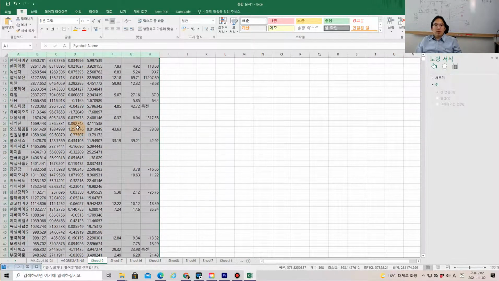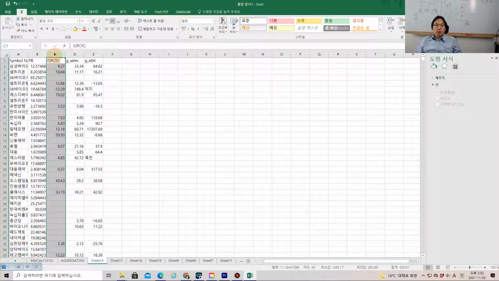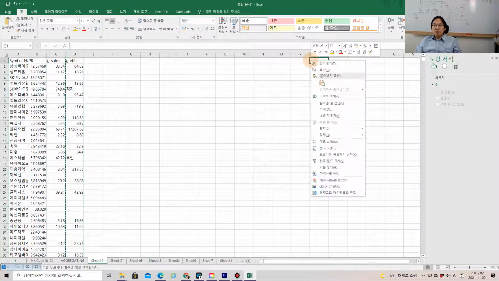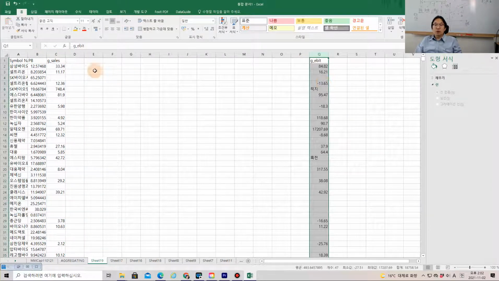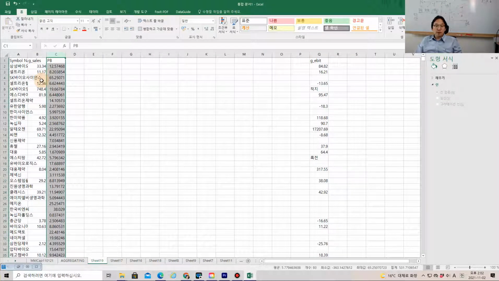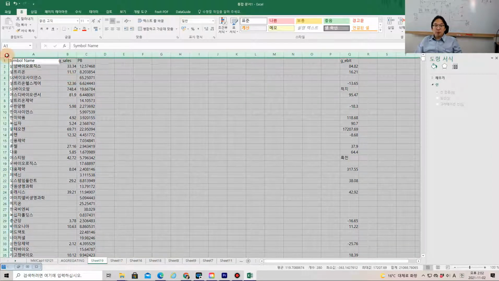Now what? All I need is PB and then growth rates. Okay. Maybe I don't need this one. I will just paste it over here. And then PB over here, insert it. The thing is, we have missing values. So sort this guy.